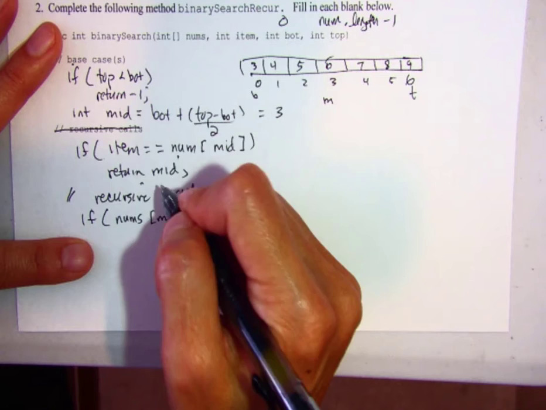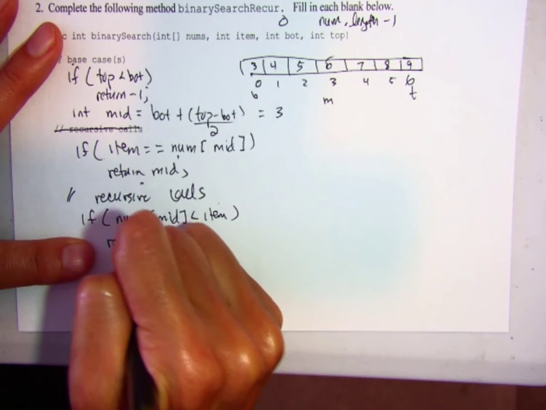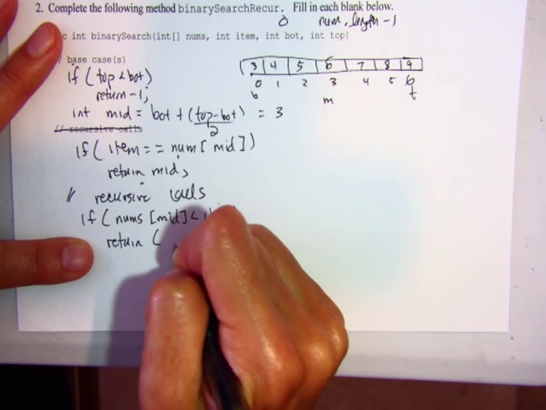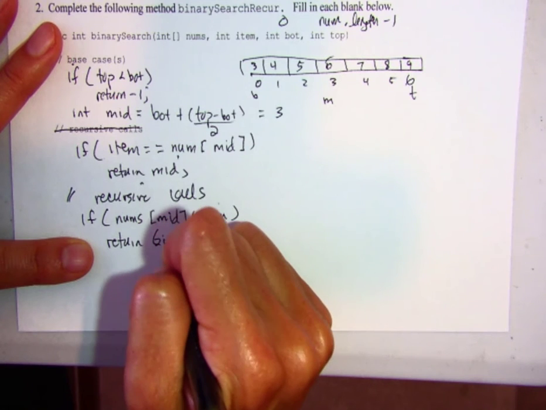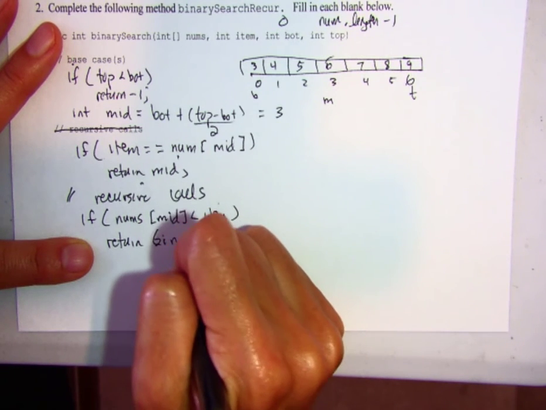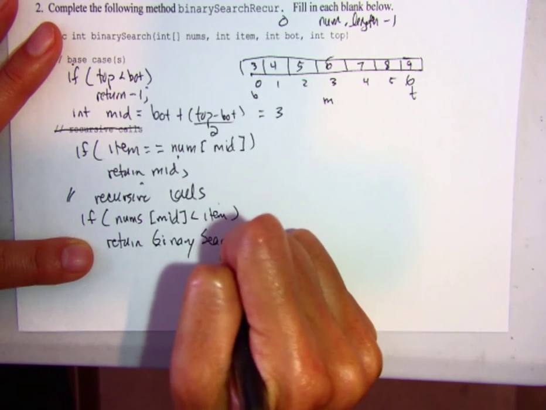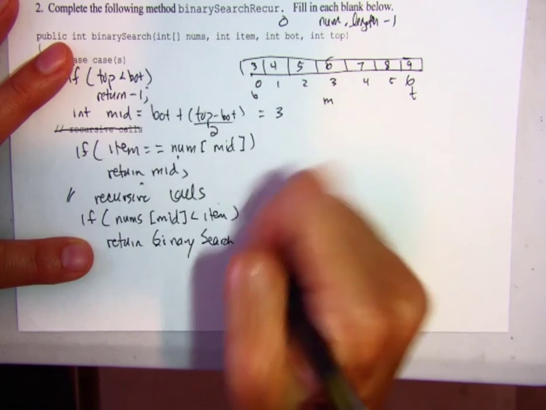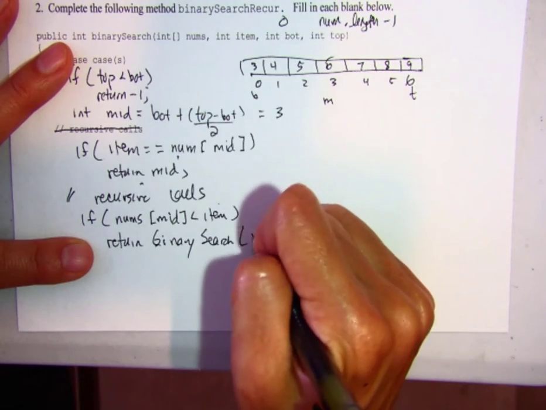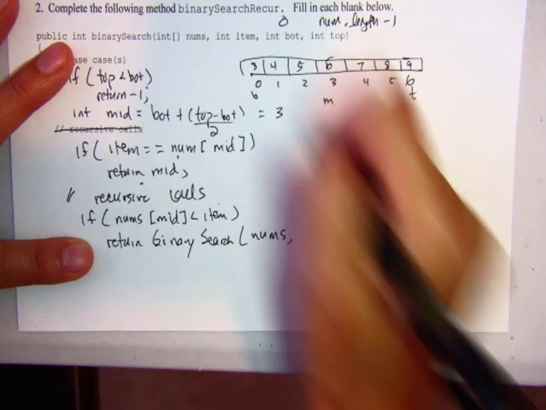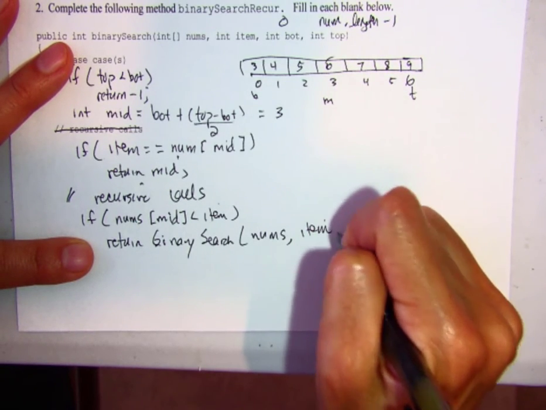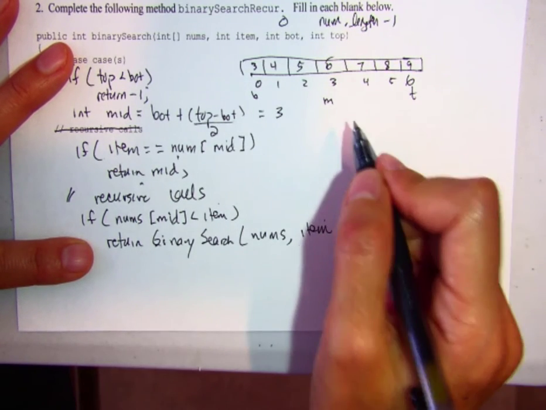Then we know we're going to make the recursive call at that point. We call binary search, and the parameters are going to be the same array and the item we're looking for. But what are we going to reassign here?